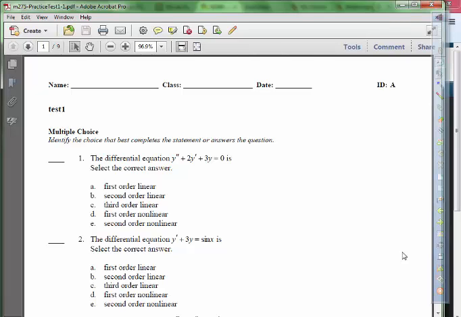So our test will not be multiple choice. So as you're looking through this review sheet, you can pretend that there's no choices, or you can pretend that when I ask you these questions, you can try to figure out more than what they have here.